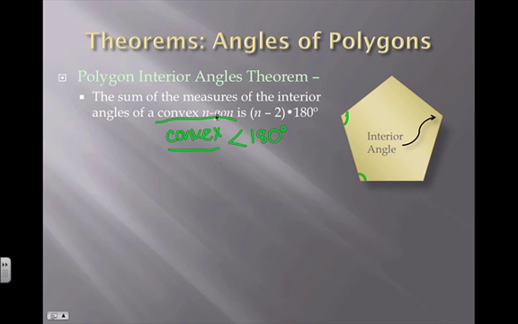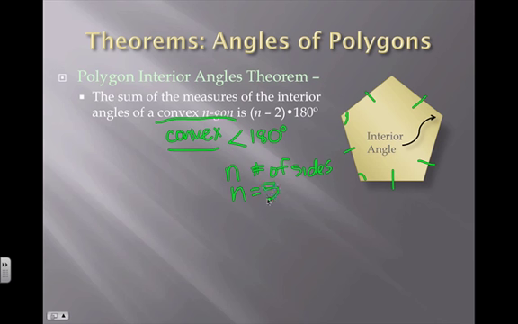And now we have the term n-gon. N simply refers to the number of sides. So for example, our polygon over here has 1, 2, 3, 4, 5 sides. So n would equal 5 in this case.